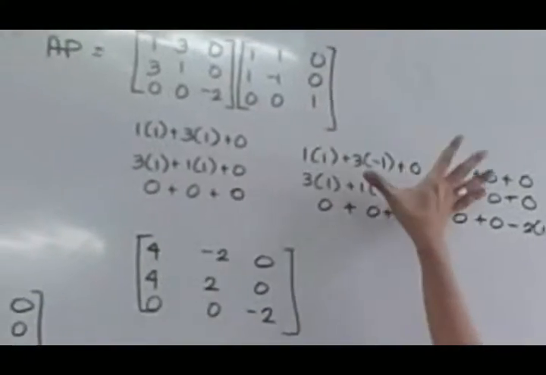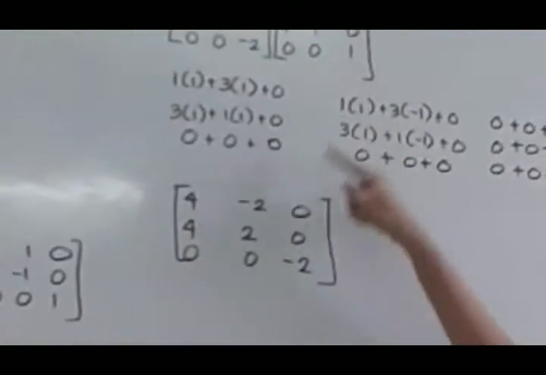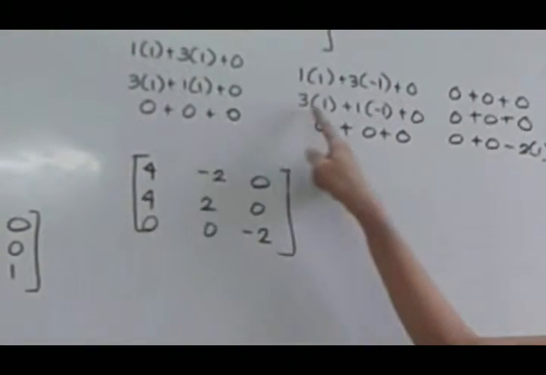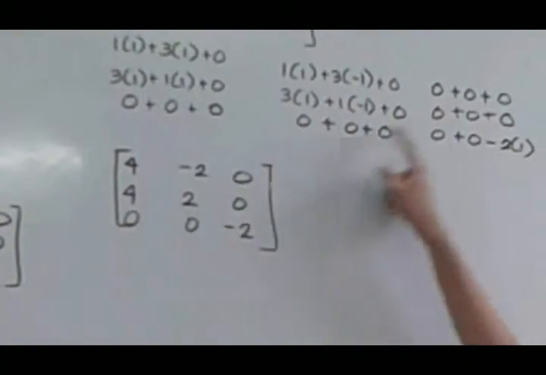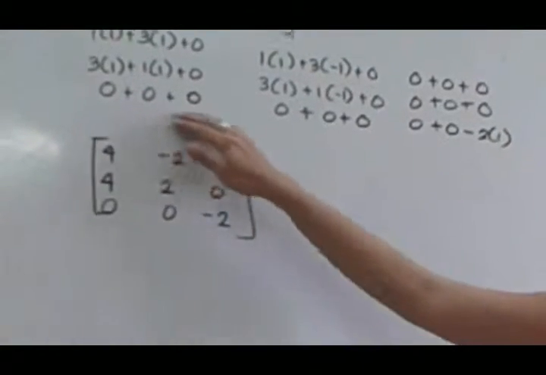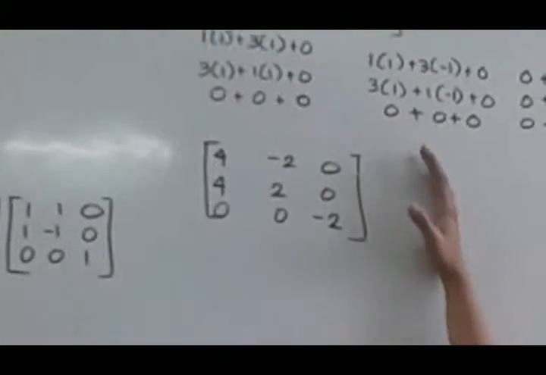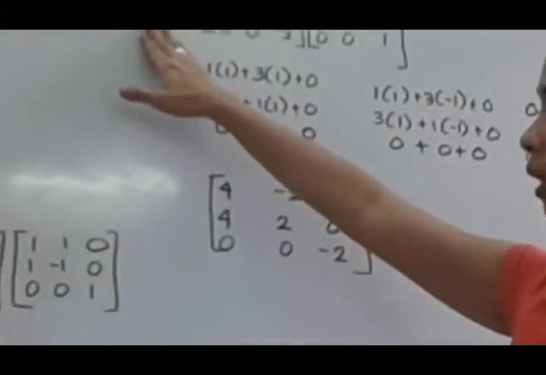Simplify. I have 4, negative 2, 0, 4, 2, and 0. Third row, 0, 0, negative 2. So this is now your AP matrix.